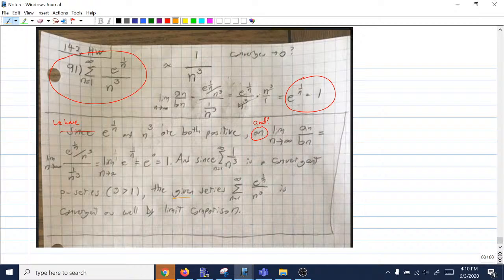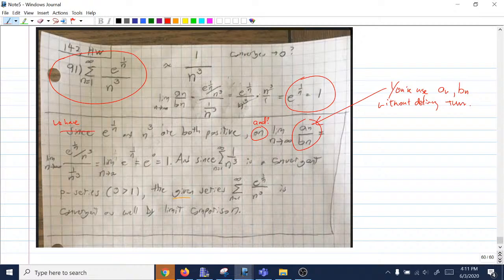This is all good. The only main issue I would say is you've used the letters AN and BN without defining them. You're using them because the way we stated limit comparison had those terms in them, and there are definitely contexts in math where the statement of the theorem that I'm citing uses the names f of x and g of x, so I would want to say we're going to use this theorem where this thing is f of x and this thing is g of x.